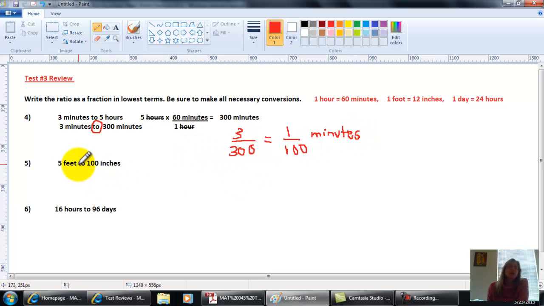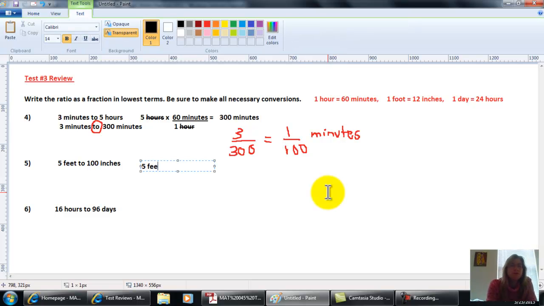So then on number 5, you're going to use 1 foot to 12 inches. And you're going to take the larger number, 5 feet, and convert that to inches. 5 feet then is multiplied by the 12 inches, and that will change it to inches. So that becomes 60 inches.